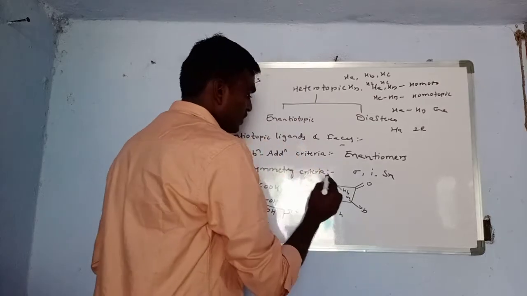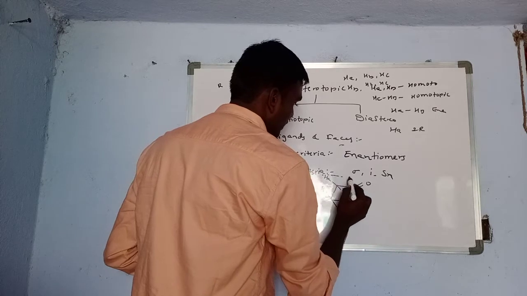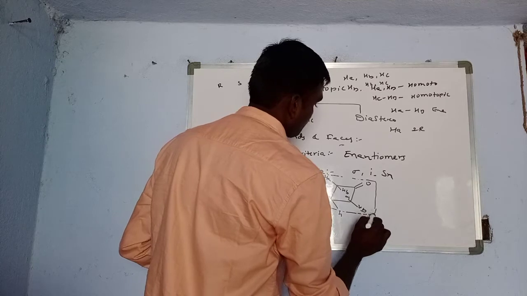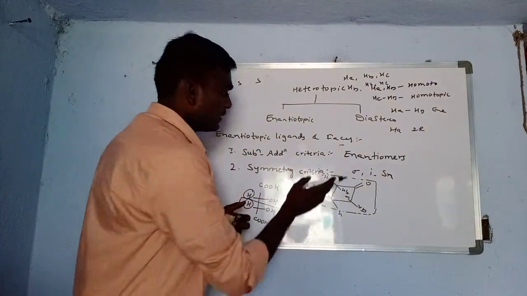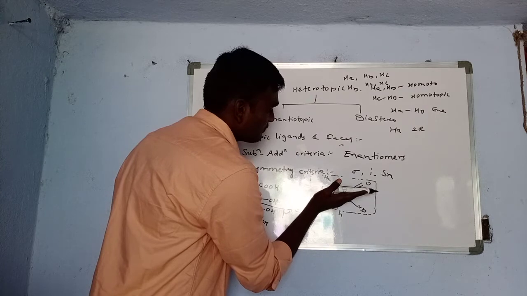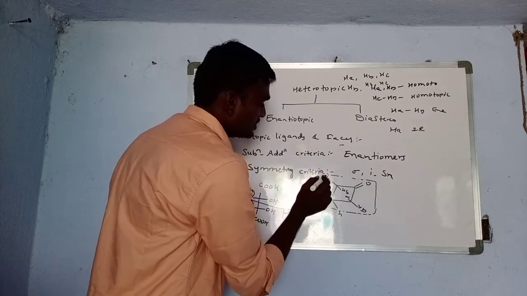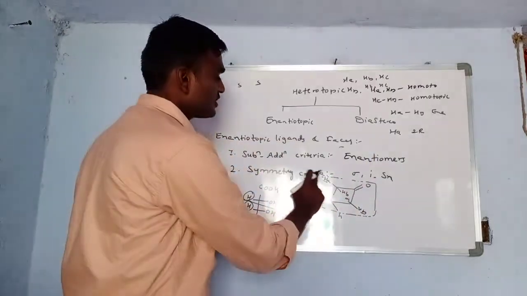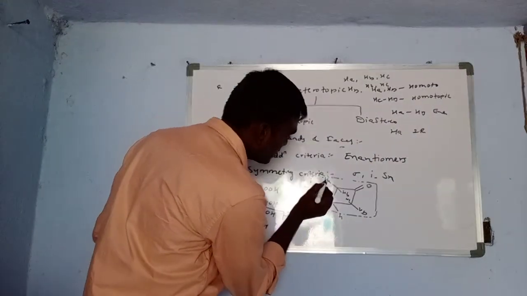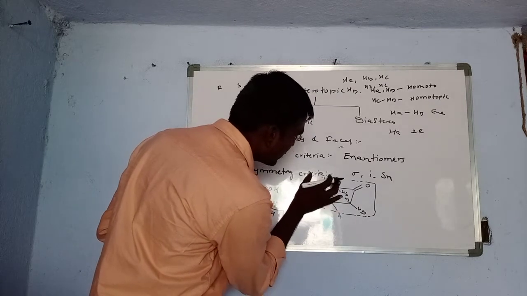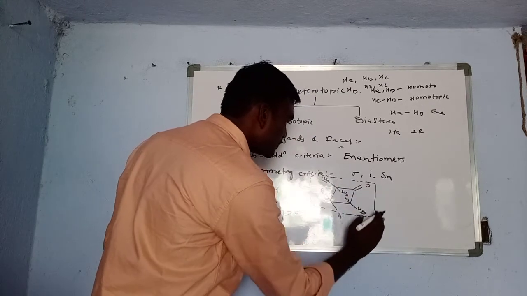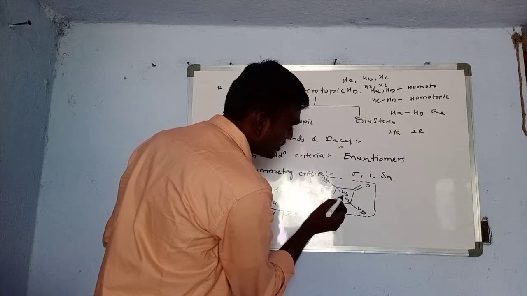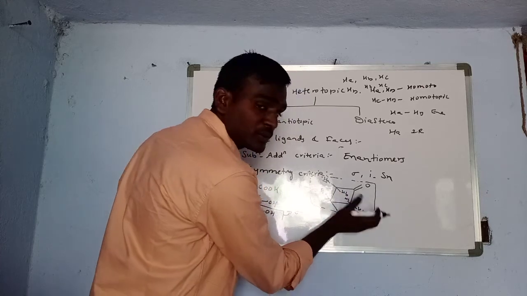In this molecule, we pass the molecular plane. If we pass the molecular plane, then HA is reflected to HB. Due to the molecular plane, HA and HB are reflected to each other. Similarly, HC and HD are reflected to each other.